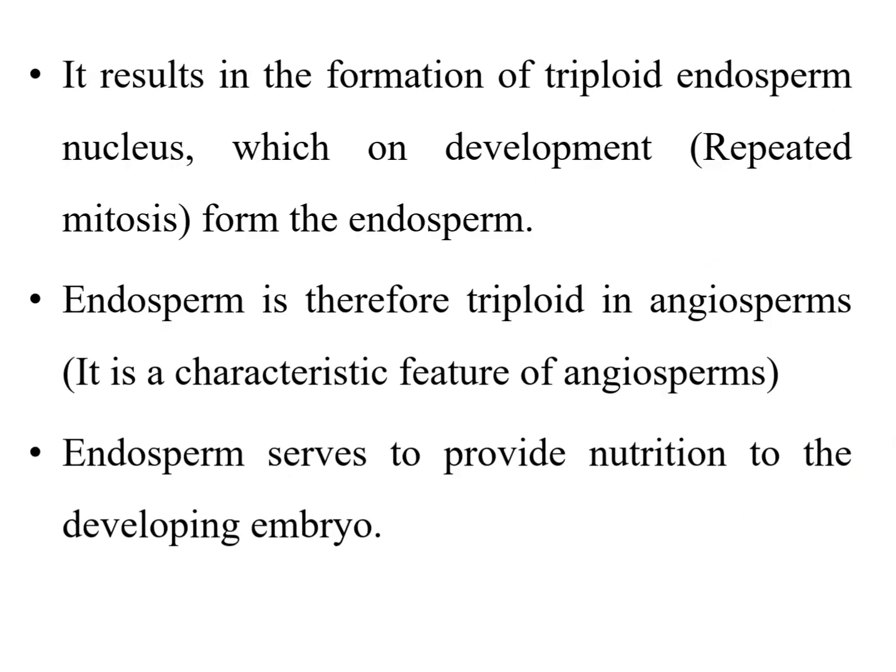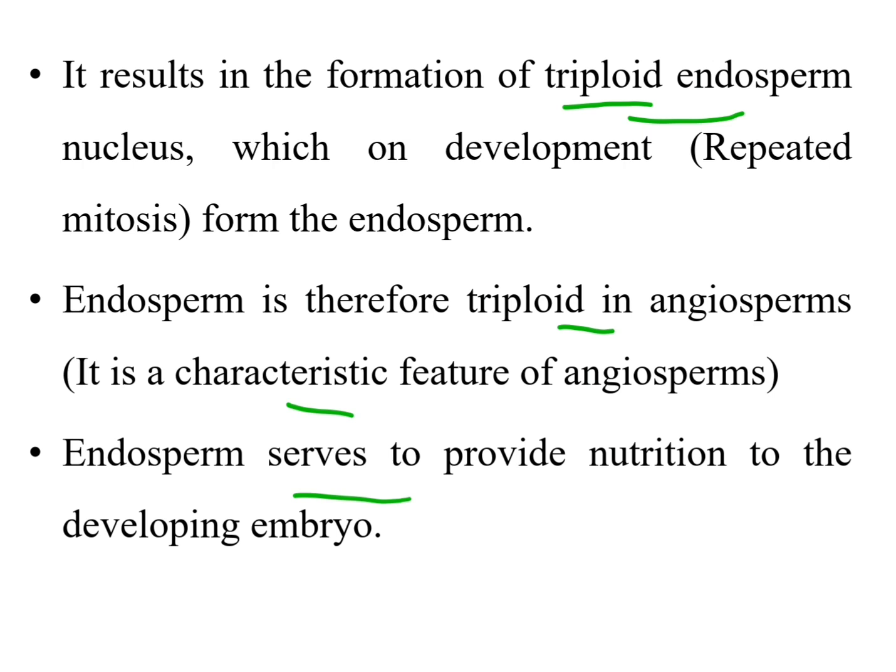Okay, next, it results in the formation of the triploid endosperm nucleus, that means the fusion of polar nuclei and a male gamete. Then endosperm is therefore triploid in angiosperms, and it is a specific characteristic feature of angiosperms. Endosperm serves to provide nutrition for the developing embryo.